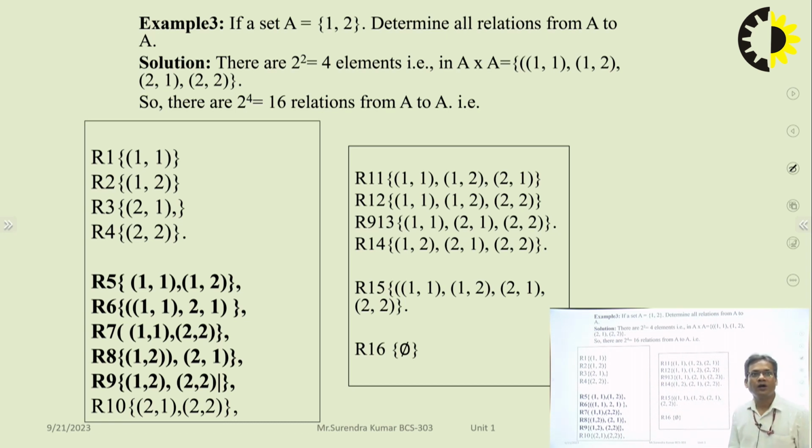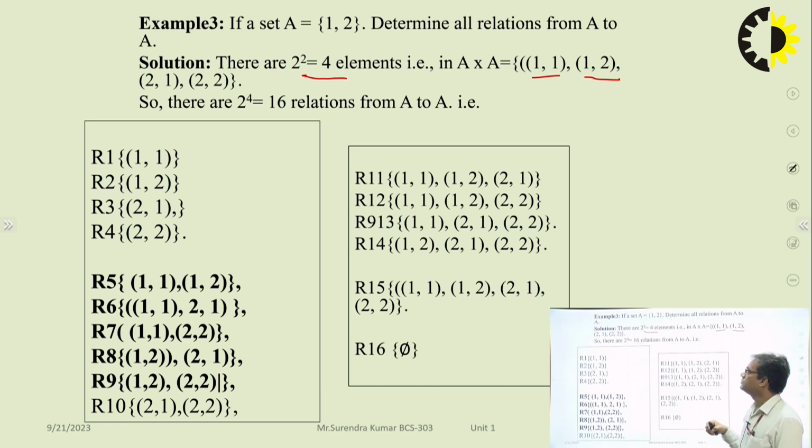So determine all relations from A to A. How can you find the different relations or ordered pairs of A cross A? As you have already seen, there are 2 raised to the power 2, equal to 4 elements in A cross A, and those elements will be 1 1, 1 2, 2 1 and 2 2, right?